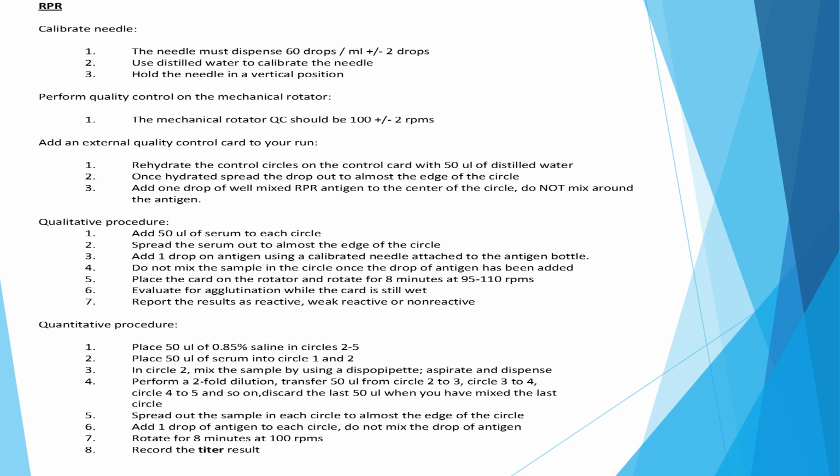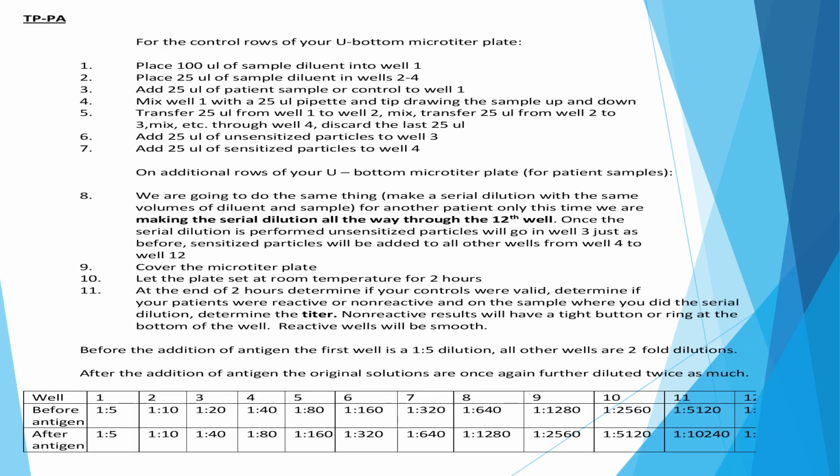You can actually do a quantitative procedure as well, where you do a 2-fold serial dilution, and then the rest of the procedure is done the exact same way, but we actually record the titer of the RPR. The TPPA test is probably one of the most complicated tests that we will be touching on in serology. Hopefully we'll get a chance to do this in the serology lab.